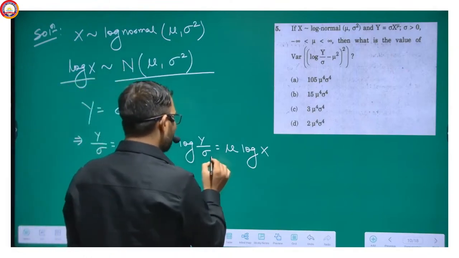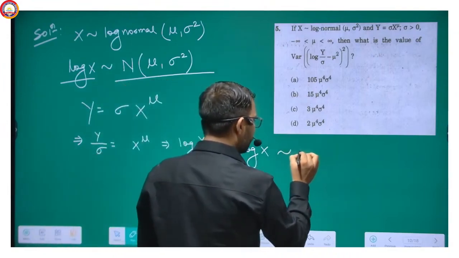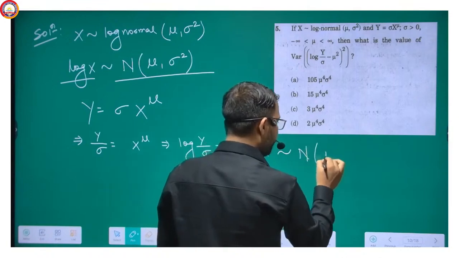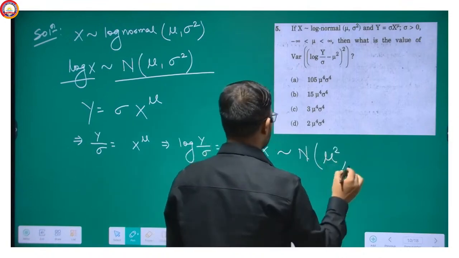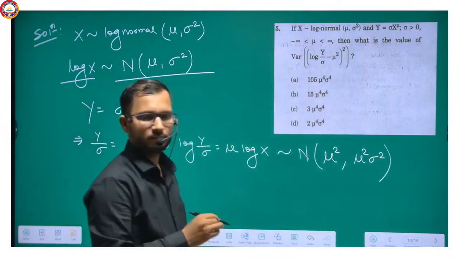So this will follow normal with mean mu square and variance mu square sigma square, isn't it?